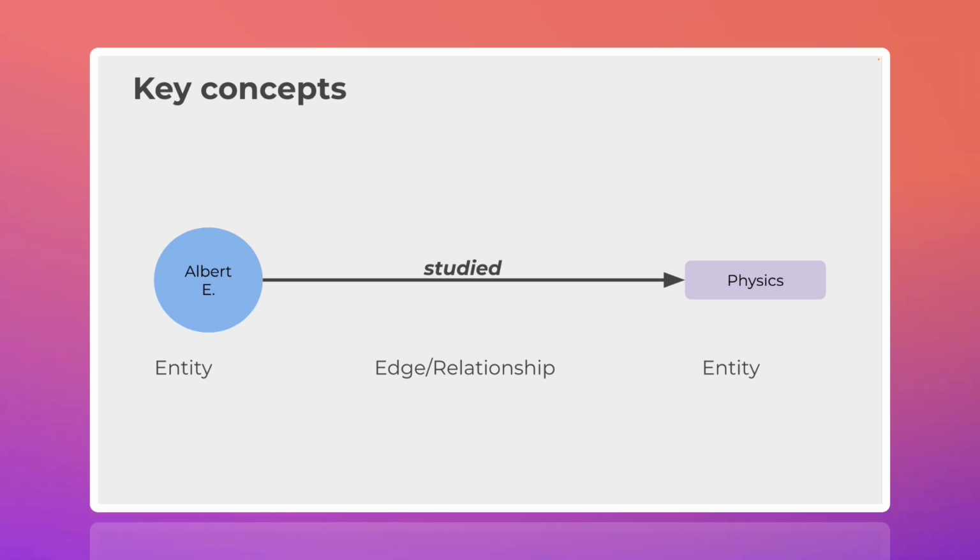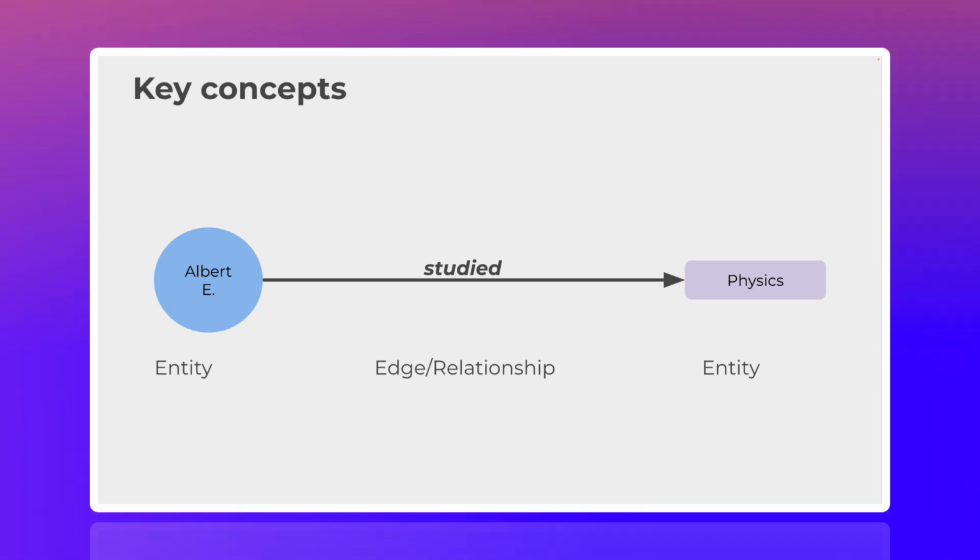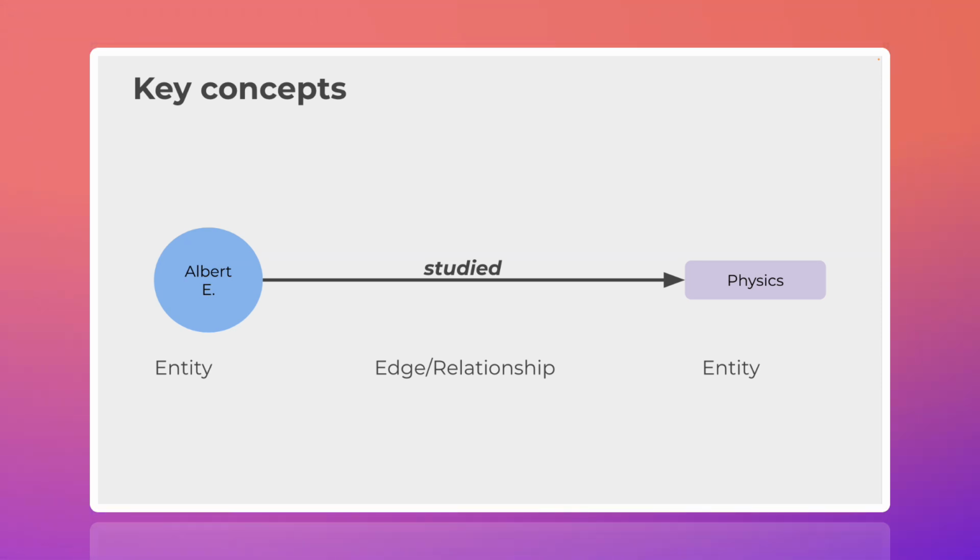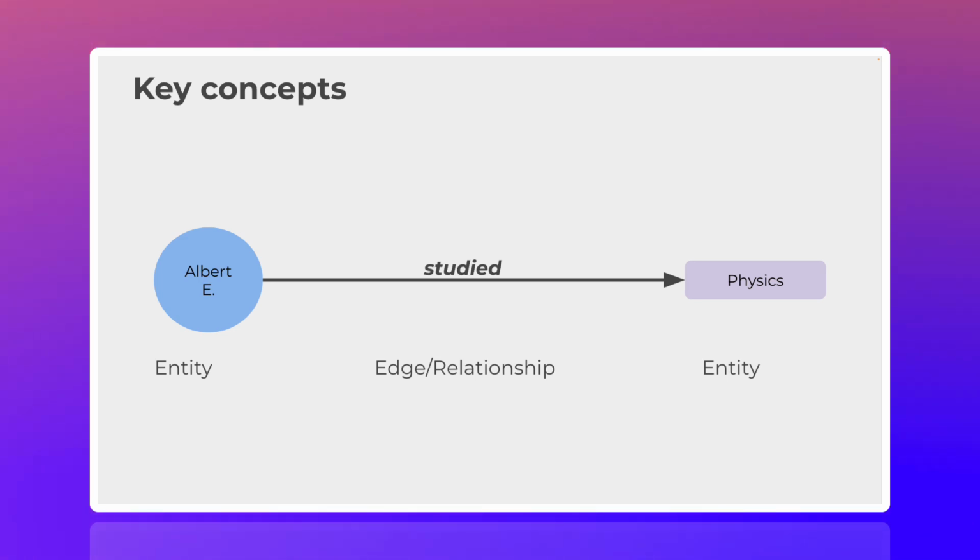In the middle here we have this arrow that tells us what relationship exists between Mr. Einstein and physics. This is what we call an edge. That's the relationship. So the key concepts here are entities, which are the objects, the nodes, the vertices, representing objects or concepts.